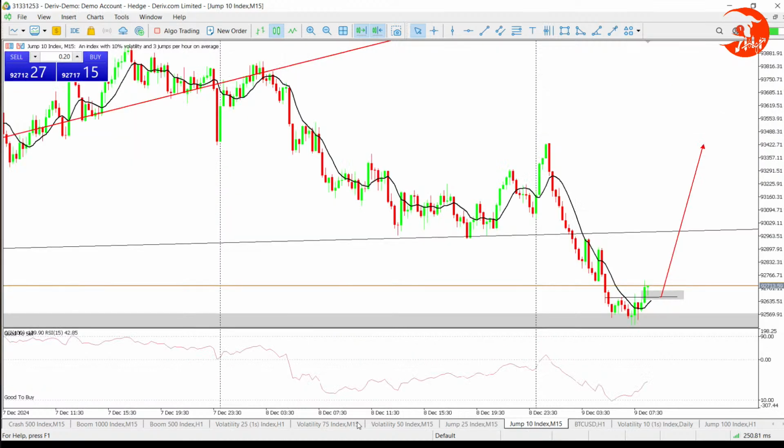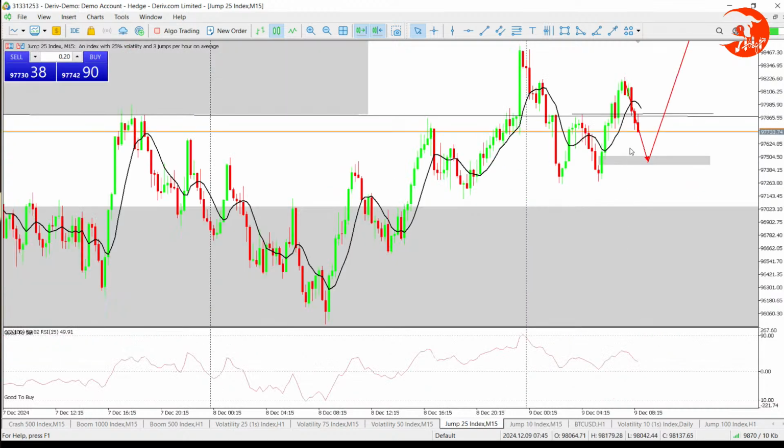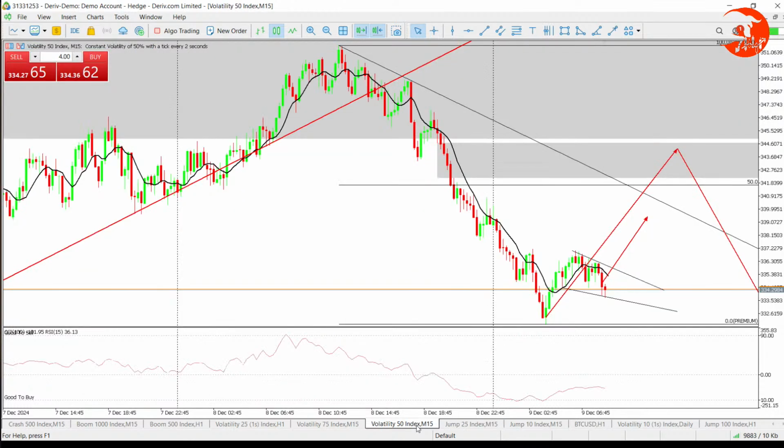All right, so the likely trades that I talked about, I said Jump 10, this also Jump 25 is a likely one to happen once we reach this level. V50 you can take advantage of it within here until it breaks out and gives you this kind of profit to that level there.